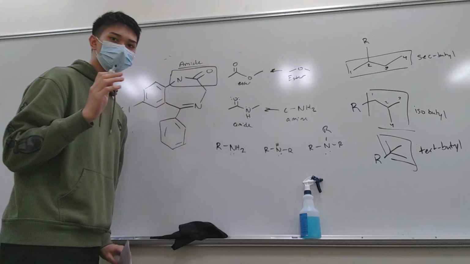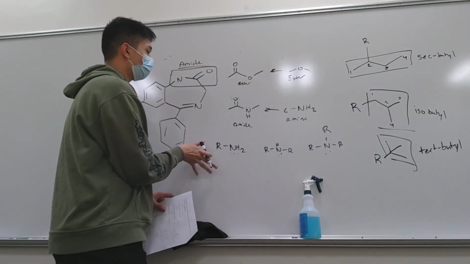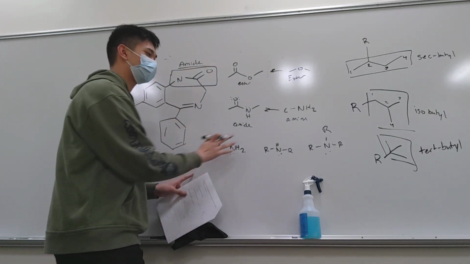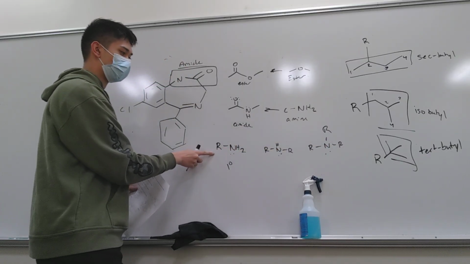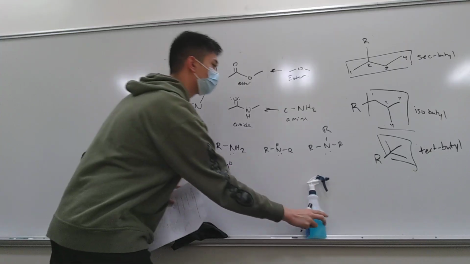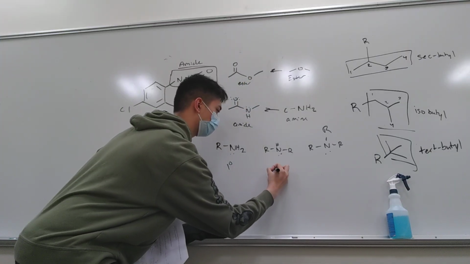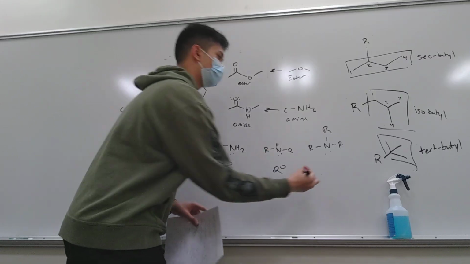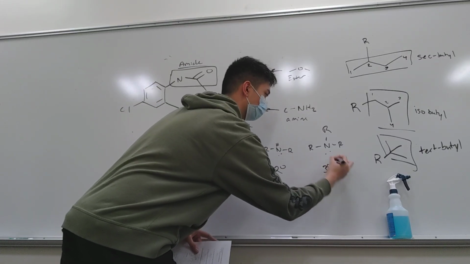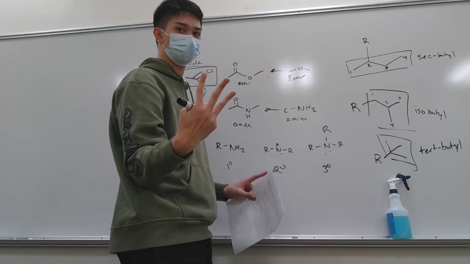Looking at it from left to right, this is a primary because there's one R group attached to this nitrogen. There is a secondary because there are 2 R groups attached to this nitrogen, and a tertiary because there are 3 R groups attached to this nitrogen.